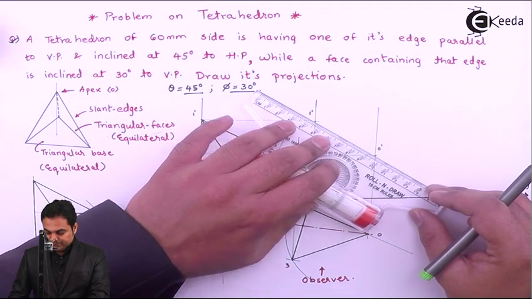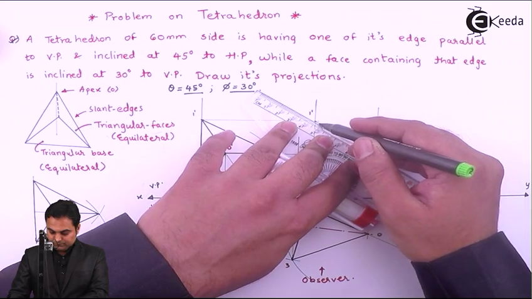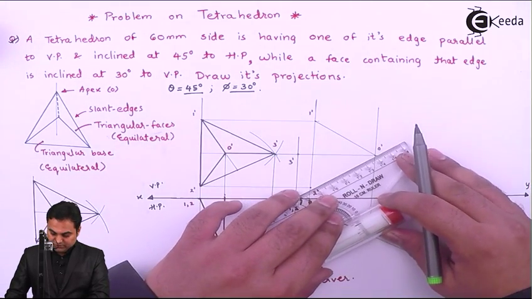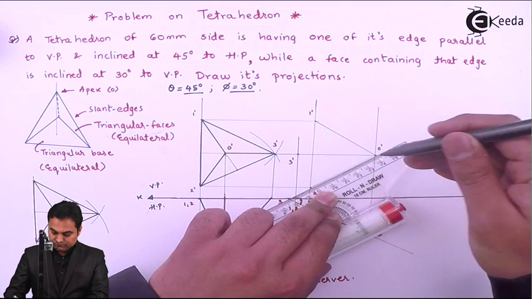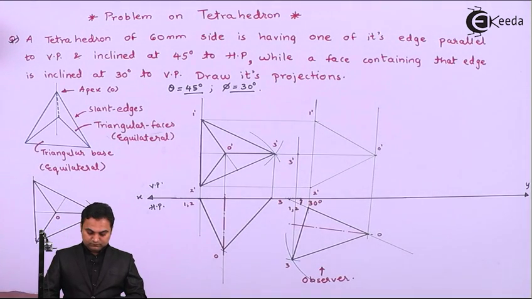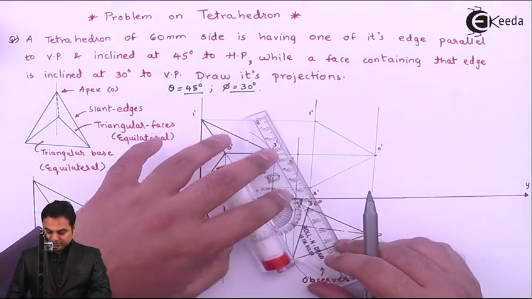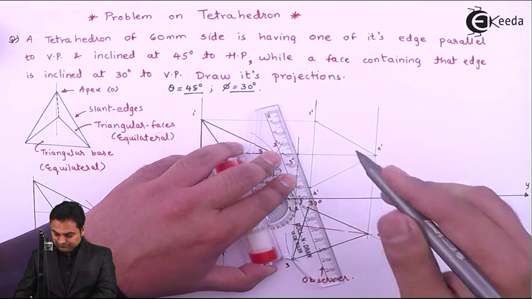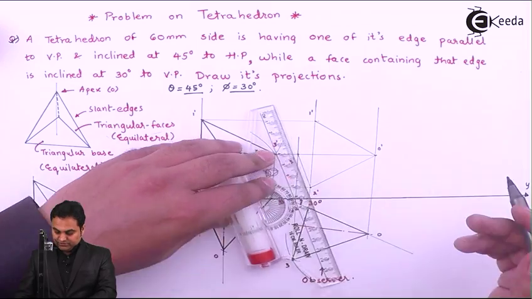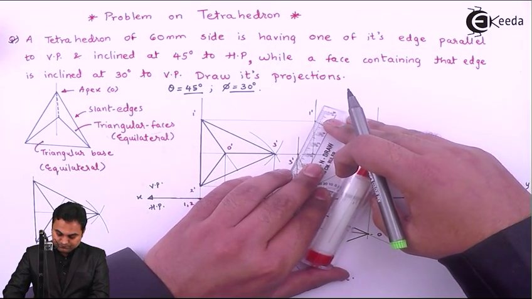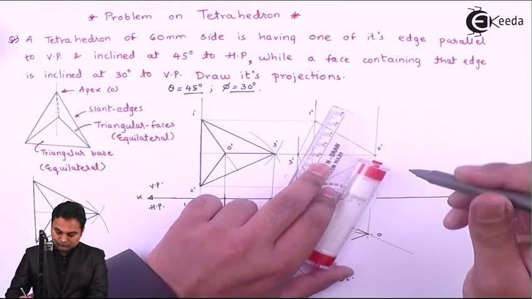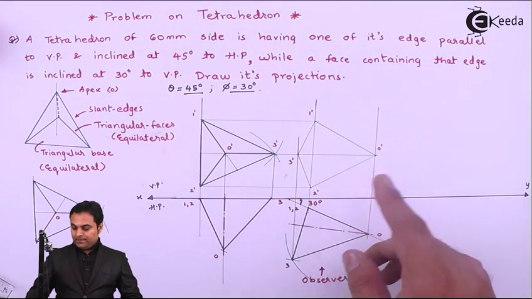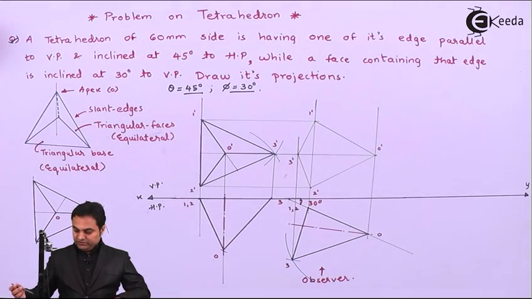Joining O dash to 1 dash, then O dash to 2 dash, next 2 dash to 3 dash, finally 3 dash to 1 dash, so after reaching here I'll make it dark, all these edges.